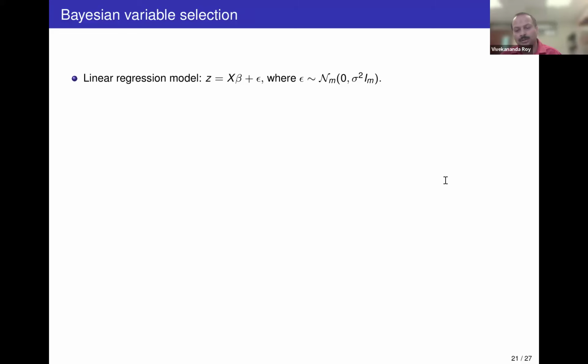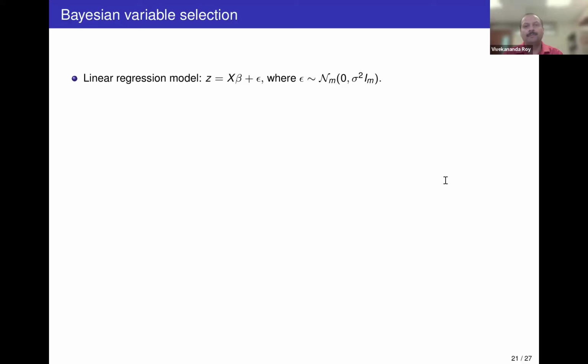I talked about a bunch of continuous targets. Now I'm going to talk about a discrete target distribution. In particular, I'm going to consider an important problem known as the Bayesian variable selection problem in linear regression.